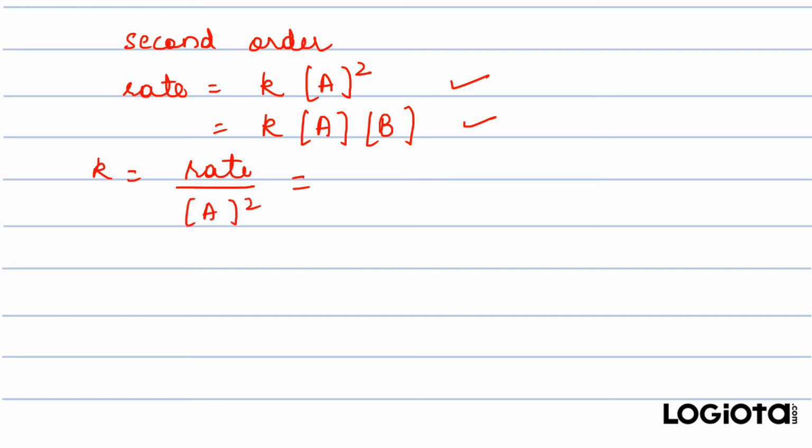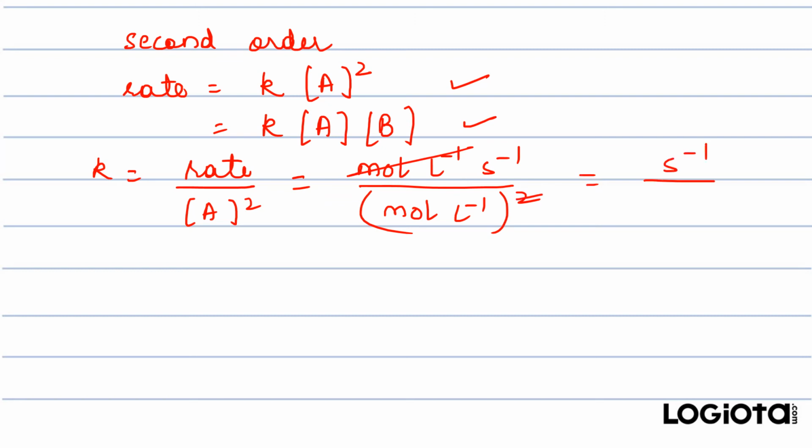The rate units are mole liter inverse second inverse divided by mole per liter squared. Mole per liter will get cancelled once and you will be left with second inverse upon mole liter inverse, which can be simplified as liter mole inverse second inverse. These are the units for the rate constant for second order.